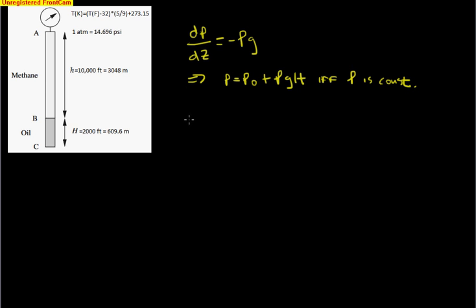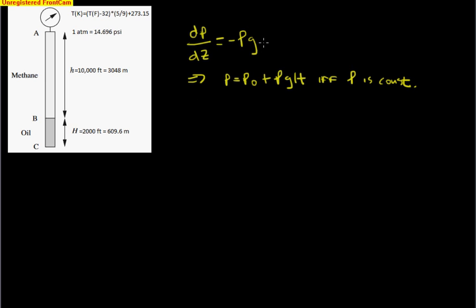So let me just go ahead and do the derivation for the methane portion, which is what we're going to be mostly doing for part A of the problem, and you can see why this assumption doesn't work in that case. So we're going to start off with this same differential form right here, and then we're just going to separate and integrate, but now we need to be wary that the density is going to change with our elevation.